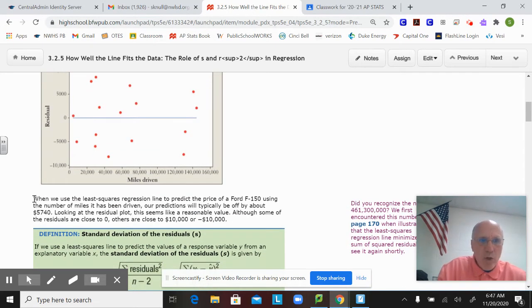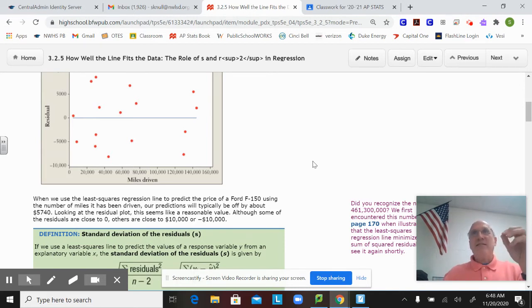Okay, here's the interpretation. When we use the least squares regression line to predict the price using the number of miles, our predictions will typically be off by about $5,740. There's your interpretation of S, the standard deviation of the residuals.